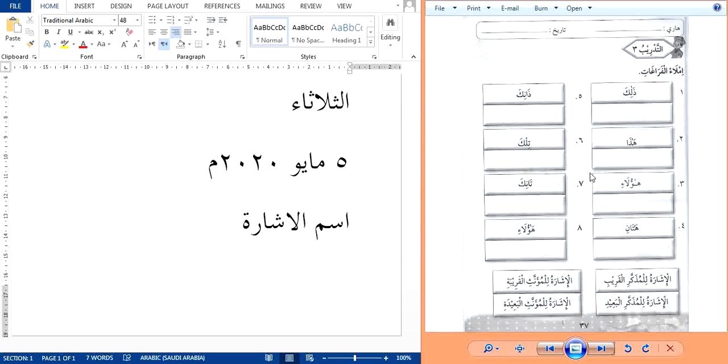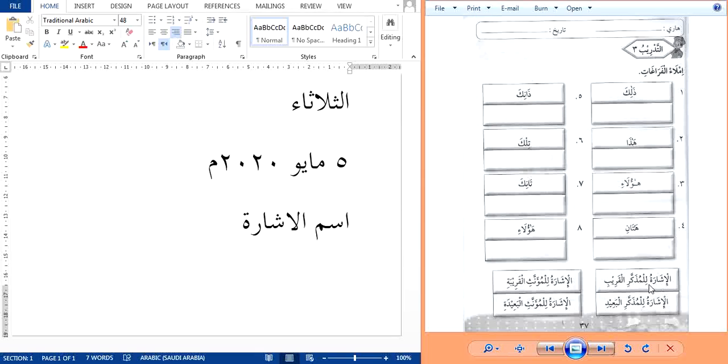So let's go to this book. نذهب إلى كتاب بهاس عرب لصفحة رقم 37. هذه الصفحة. So the exercise says املأ الفراغ, fill in the blank. If you see in the boxes, they are giving you the اسم الإشارة. يوجد هنا أسماء الإشارة. So you need to differentiate them or put them under the group. How?